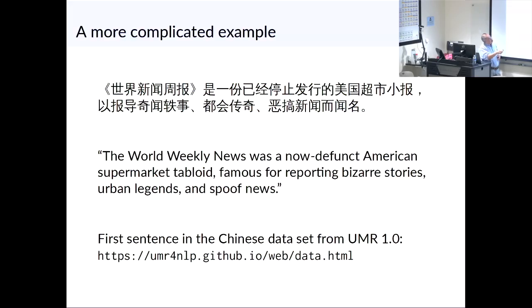So this part is stopped publication, so that's the defunct part of it. It's famous for reporting bizarre stories, urban legends, and spoof news. Okay? So these are different kinds of things, like the bizarre stories, urban legends, and spoof news.